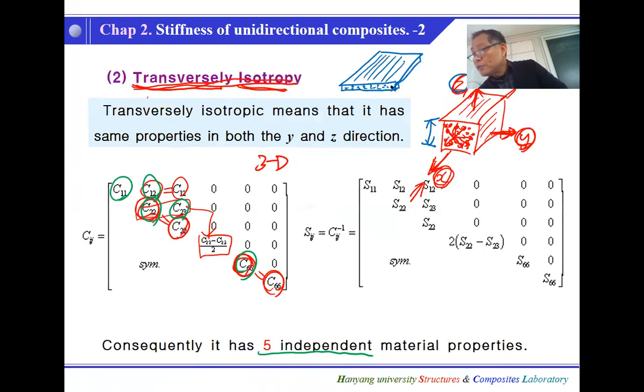Material property wise, the Z material property and Y directional material property are still the same, but stress wise, this thickness is very small, so there is no sigma ZZ.